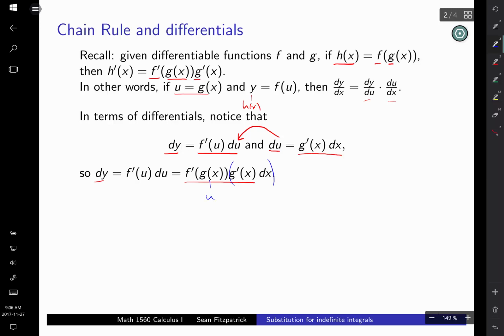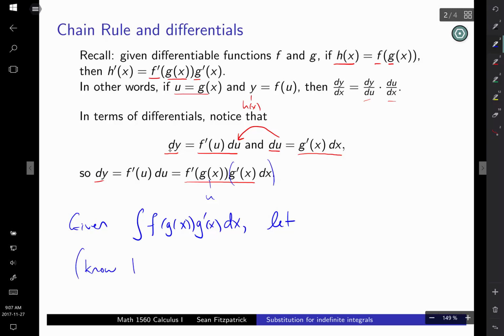And so reversing things, if somebody gave us this integral, if they said, okay, I want you to integrate f of g of x times g prime of x times dx, and maybe you're not given the antiderivative, maybe it's just little f, but we know that there's an antiderivative for this little f.